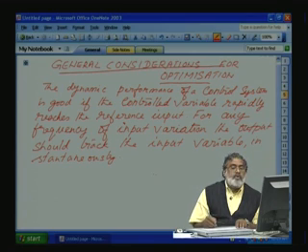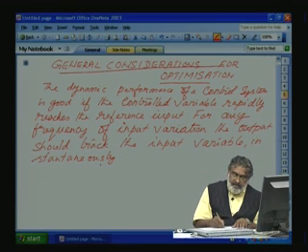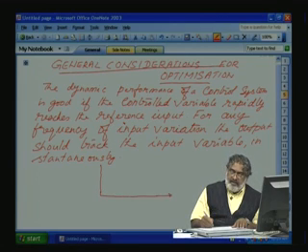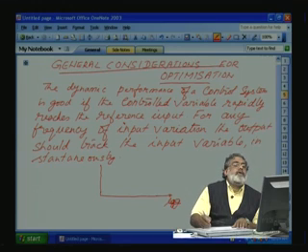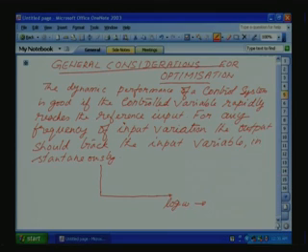So, if you draw the closed loop gain, let us say this is in log omega, and the gain modulus, the input output gain, should be 1 for a large frequency range.